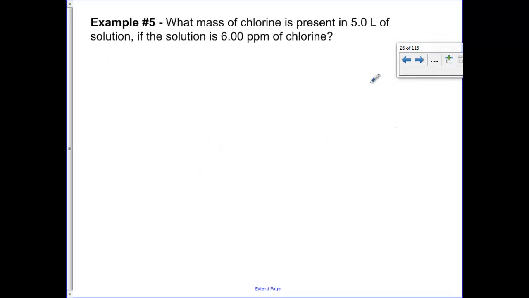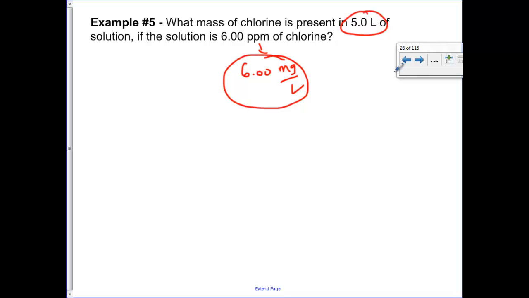So let's try an example here. I want to figure out how much mass of chlorine would be present if in 5 liters it says there's 6 parts per million. Parts per million is kind of a weird unit though. So what did I just tell you parts per million is also equivalent to? Milligram per liter. So kind of like what I was doing in the last examples, how do I make it so that I can find a mass? How do I take this number and get a mass?